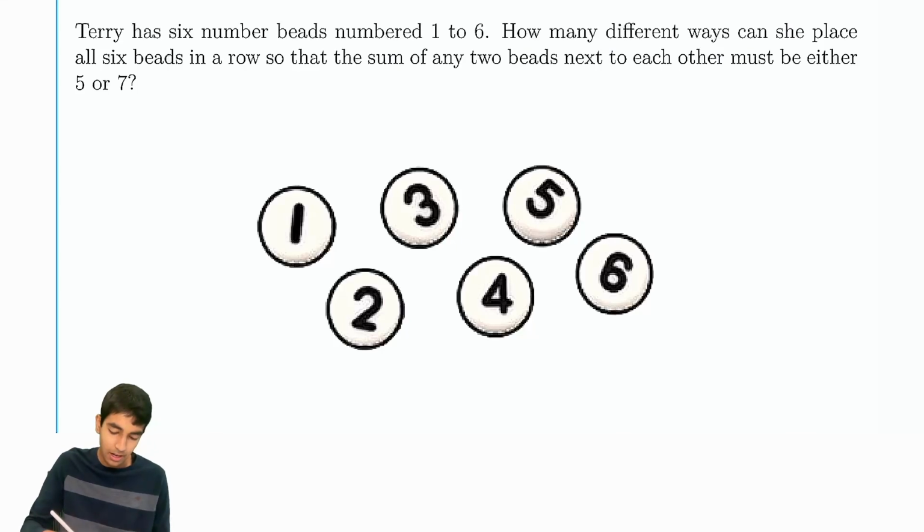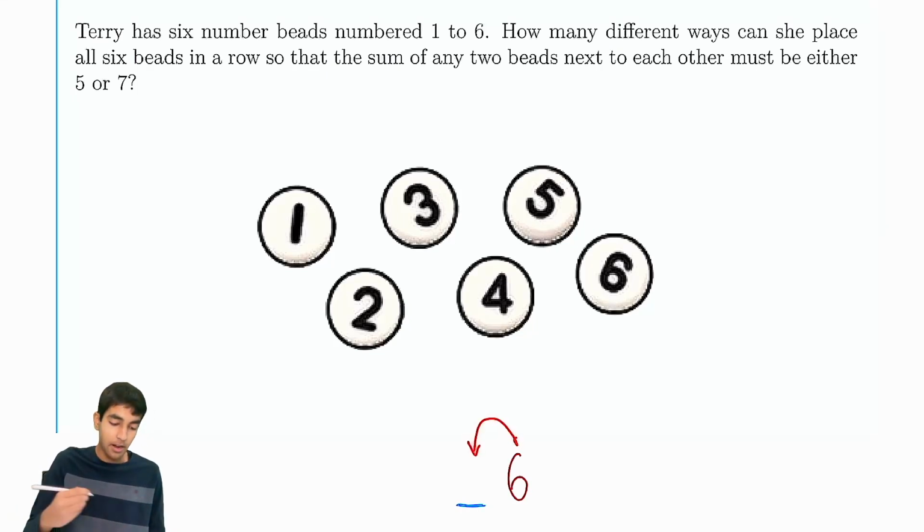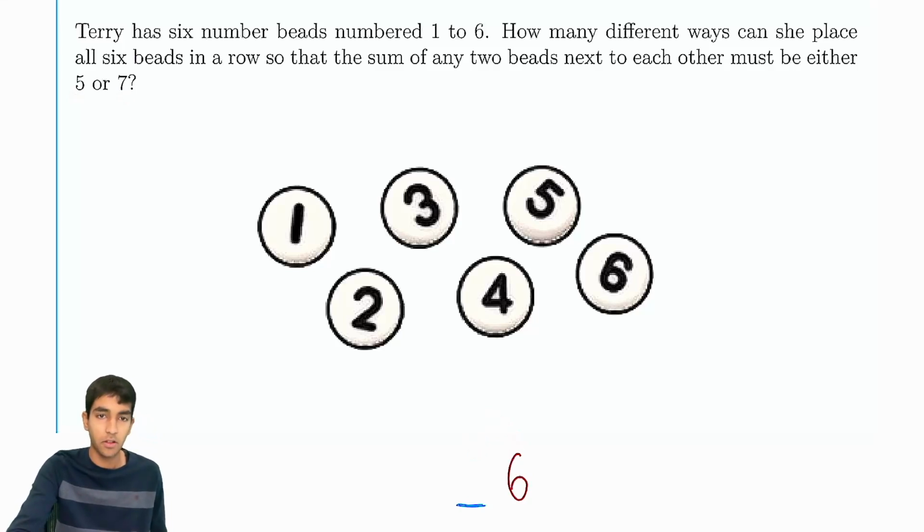So let's take a look at the number 6. If there are numbers around 6, like let's say there's a number to the left of 6, 6 plus this number has to be 5 or 7. So what can this number be?